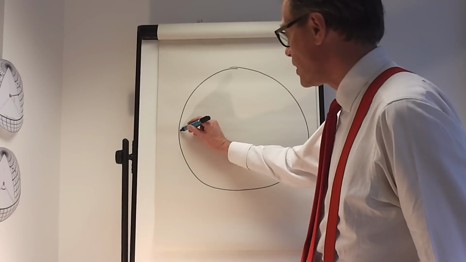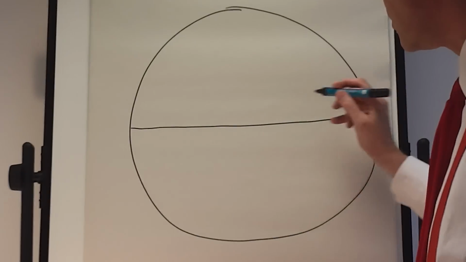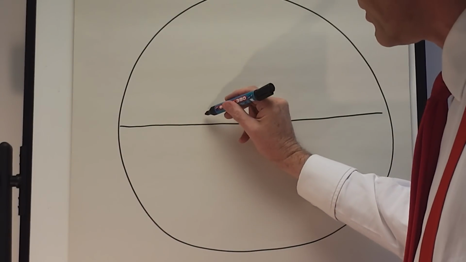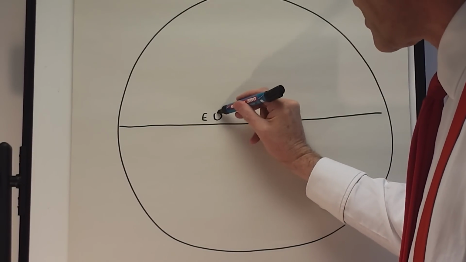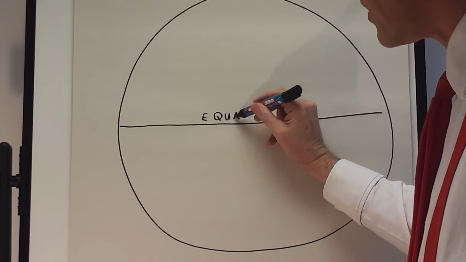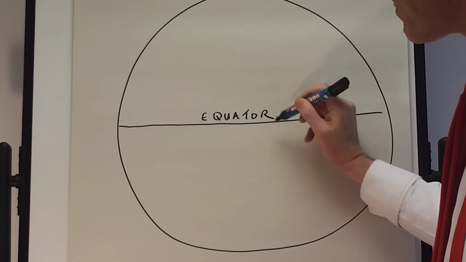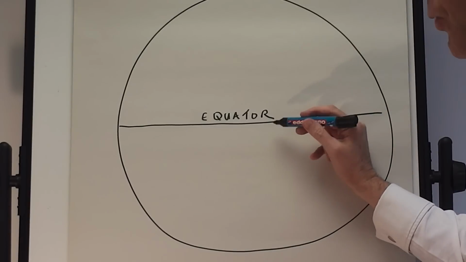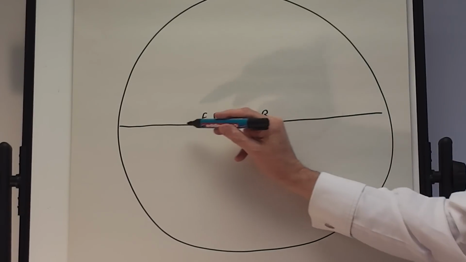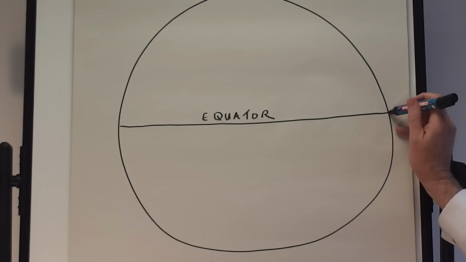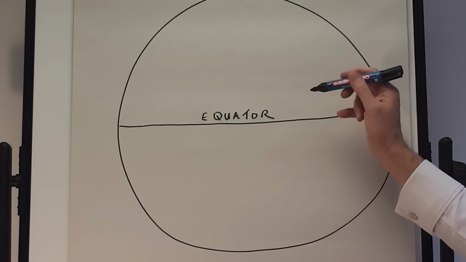So latitude is a line drawn around the Earth which tells you how far north or south of the equator a place is. The equator, you will know, is a line which goes around the middle of the Earth at its widest point.